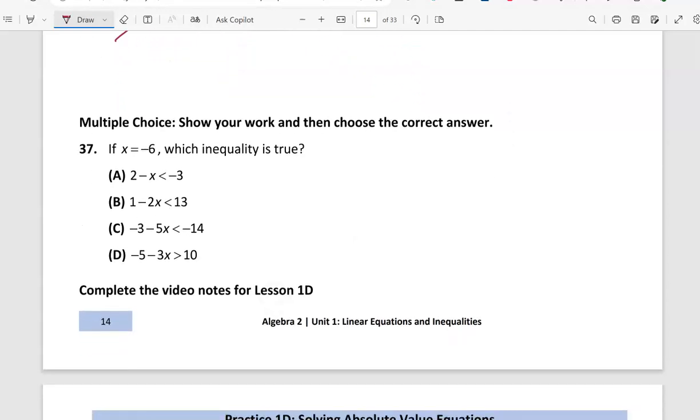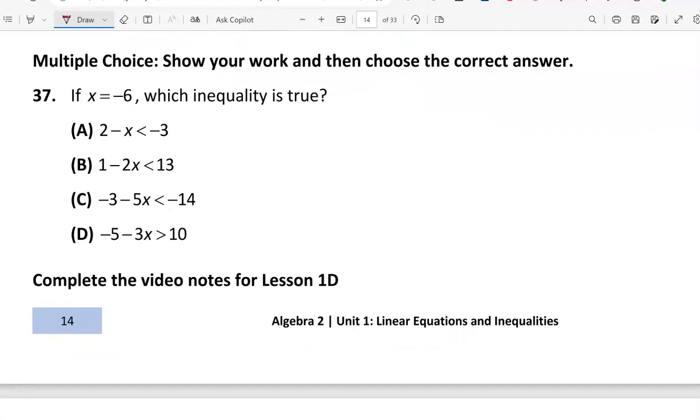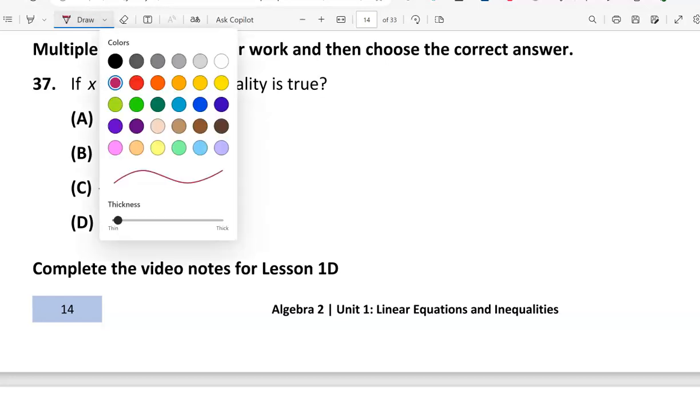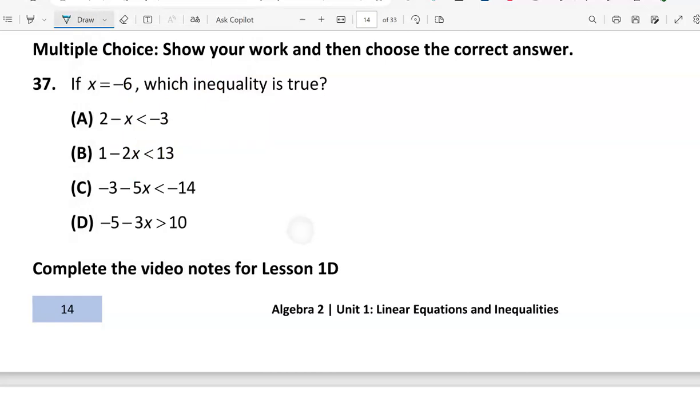And for number 37, we are asking if x is equal to negative 6, which of these inequalities is true? Well, if we're looking for a solution to an inequality, just one solution, we can just plug it in and see if it works.